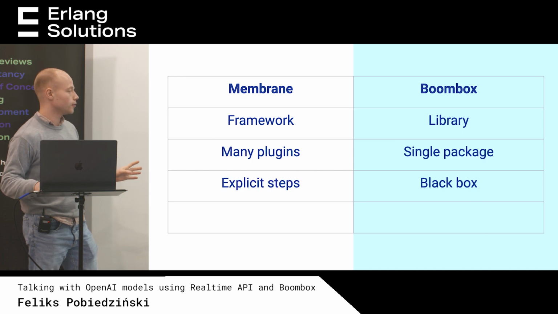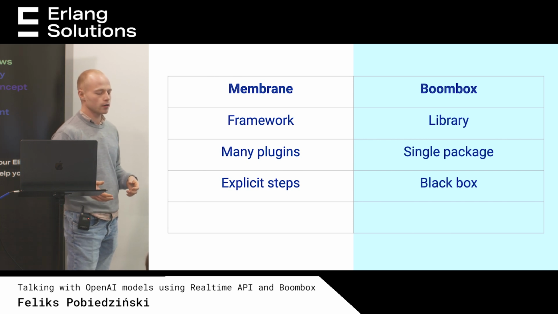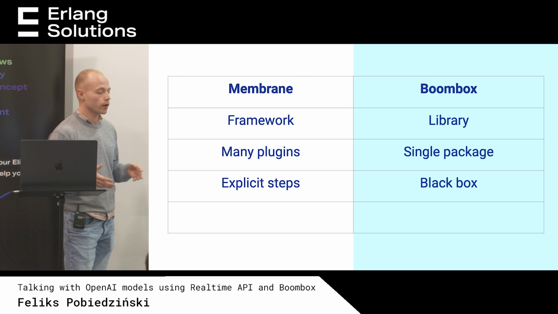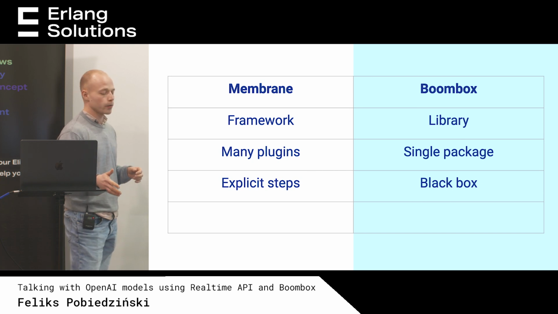The second difference is that often when you use Membrane, you have some problem you want to solve. You can solve it with Membrane, but sometimes you have to know what specific operations have to be done in your multimedia processing pipeline. You have to know what Membrane plugins to use to do these operations.